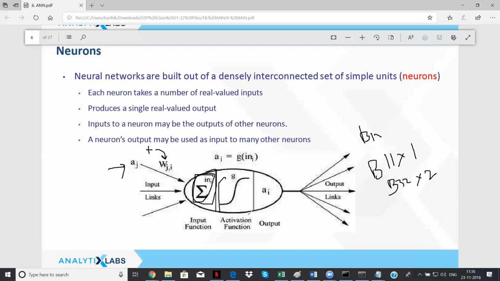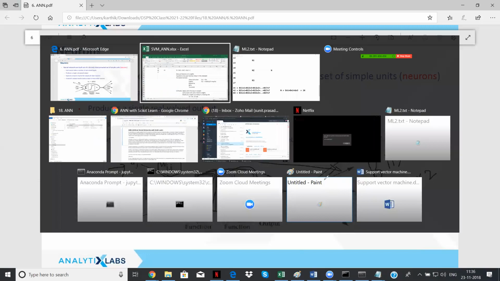Here you have an activation function, which in simpler or layman's terms I can consider to be an optimization function of some sort, a function which decides how I can transform these weights and so on. And then finally come my outputs. Clear? This is how it works. So this is what I've written over here.